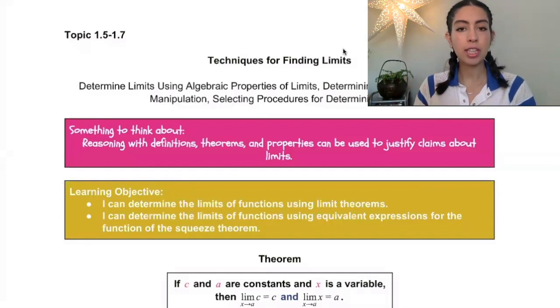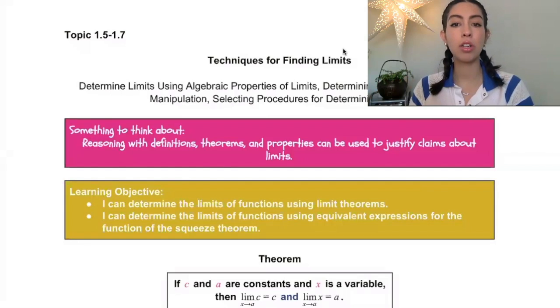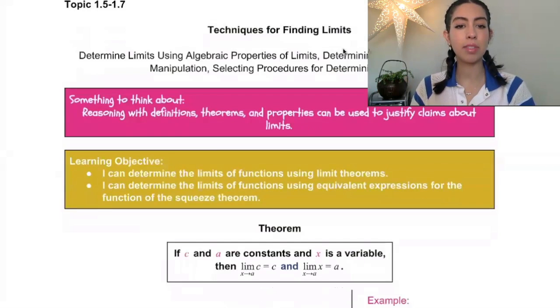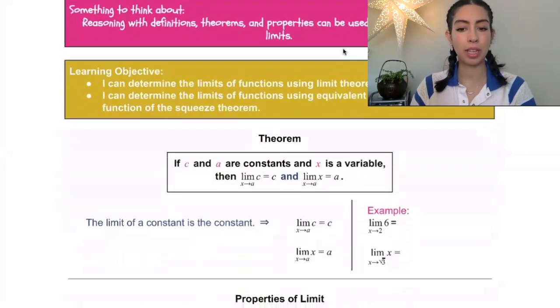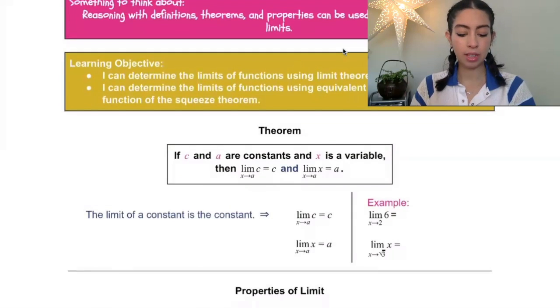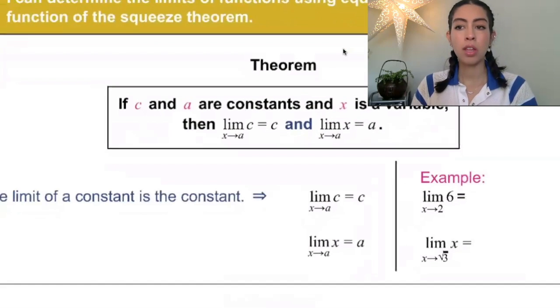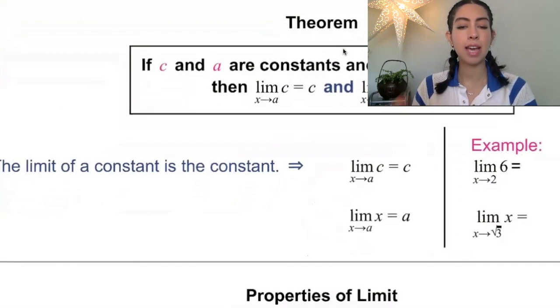So the first thing that we need to do is look at the theorems that we have to begin with here. So we have the theorem that involves the limit as x approaches a of any constant function. So here we have the limit as x approaches a of c is equal to c. And c and a are both constants.